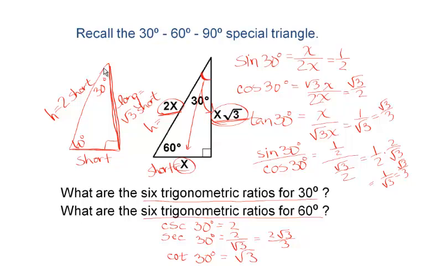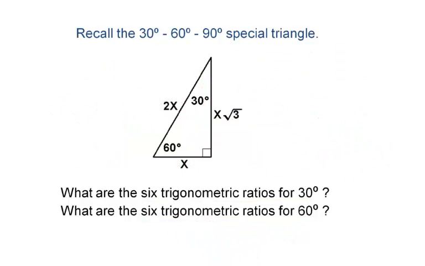Let's look at and find the 6 trig functions for 60 degrees. Here's our 60-degree angle. Here's opposite. Here's adjacent. So the sine of 60 degrees is opposite over hypotenuse.